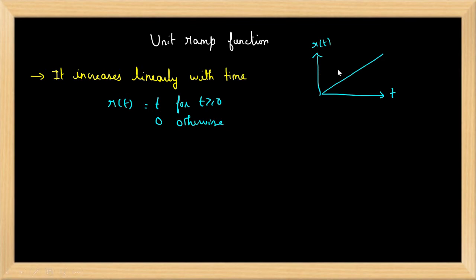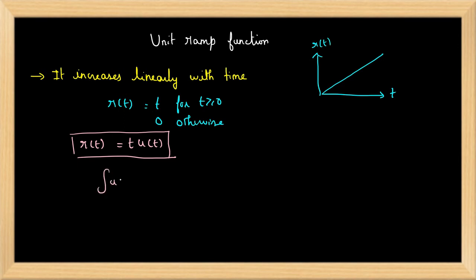Now we have a relation between the unit ramp and unit step function. The unit ramp r(t) is related to the unit step u(t) by the relation r(t) = t times u(t). When you integrate the unit step function, you get the ramp function.